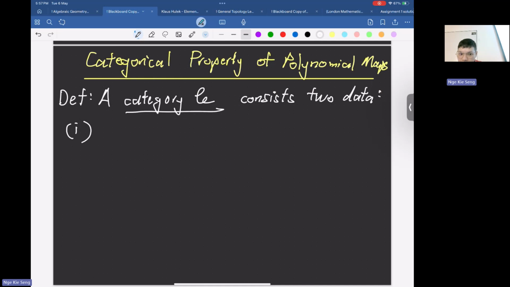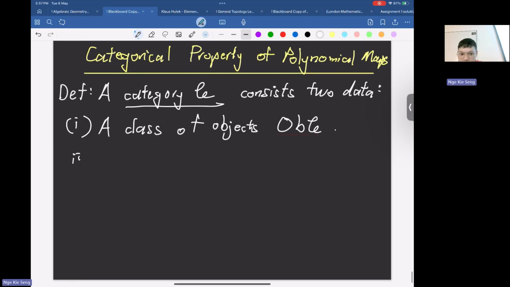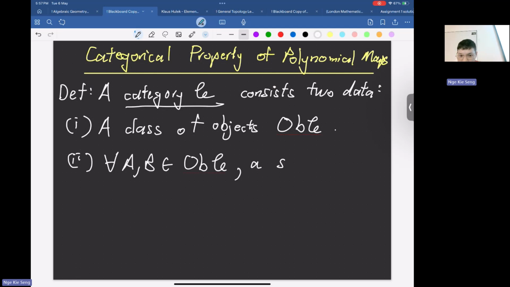One datum is a class of objects, which we call Ob(C) here. Second, for every two objects A and B in the class of objects, there is a set of morphisms, let's call it Mor(A, B), from A to B.